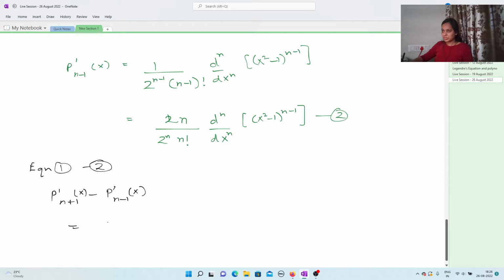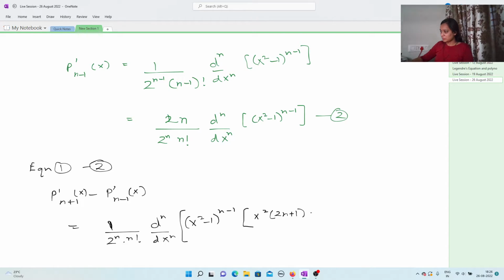So what will that be? We have 1 over 2 to the power n into n factorial common, and d n over dx n. There we have x square minus 1 to the power n minus 1 that we can take common, and first becomes x square into 2n plus 1 minus 1, and from here it comes minus 2n.